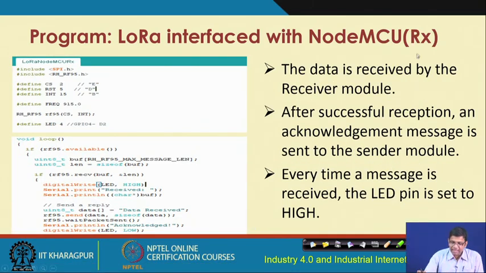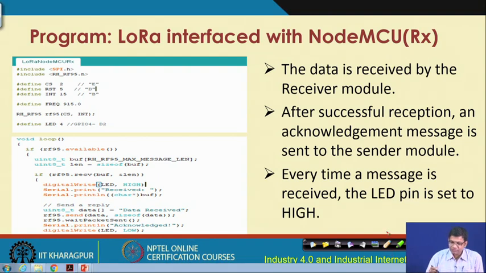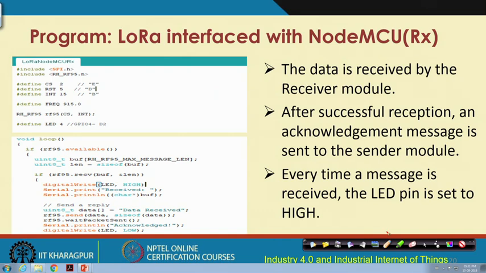for the receiver side, the program is written in such a way that the data will be received. And after you receive the data, it has been programmed in such a manner that the transmitter sends, the receiver receives, and then it will send an acknowledgement.